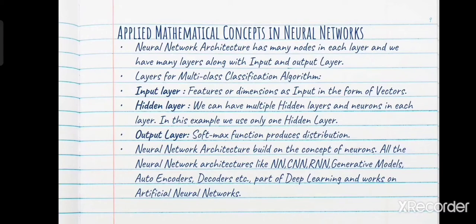Neural network architecture is built on the concept of neurons. As we all know, all the neural network architectures like ANN, CNN, RNN, generative models, autoencoders, decoders, etc. are part of deep learning and work on artificial neural networks as well. One of my project titles is RNN.